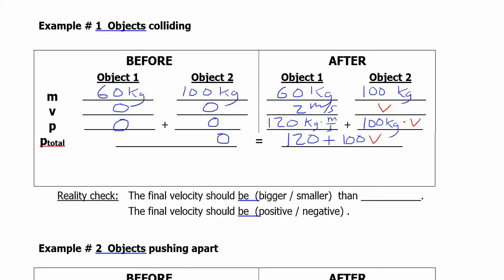And now we need to go through the steps of solving this equation. So the first thing we're going to need to do is get rid of the 120 from the right side by subtracting 120 from both sides. So now we have negative 120 equals 0 plus 100v.